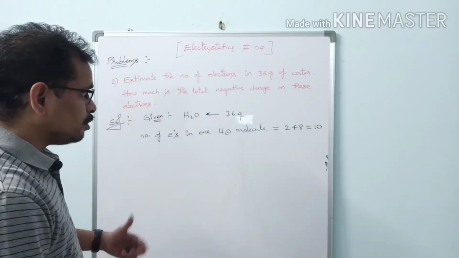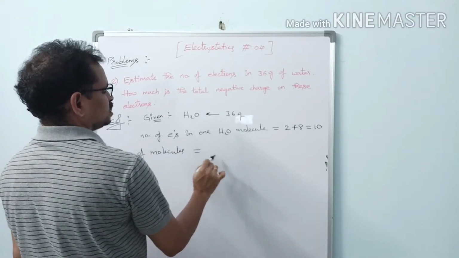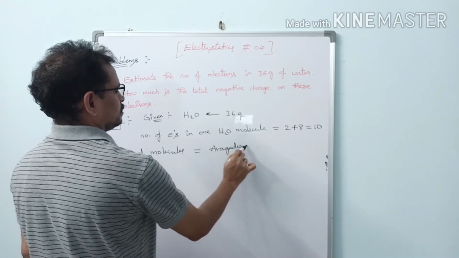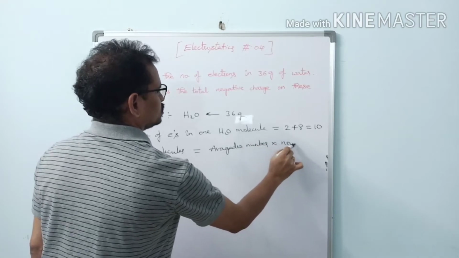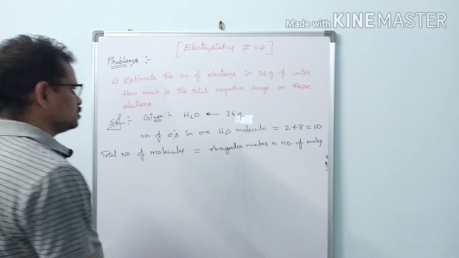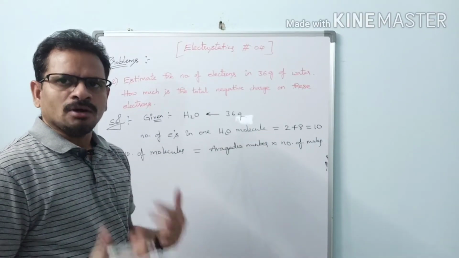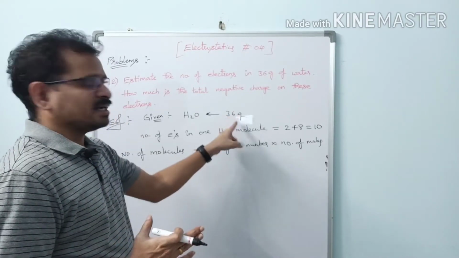Now let us find how many molecules there are. The total number of molecules is the Avogadro number into the number of moles. In one H2O molecule 10 electrons are there; now our target is to find the total number of molecules in 36 grams.